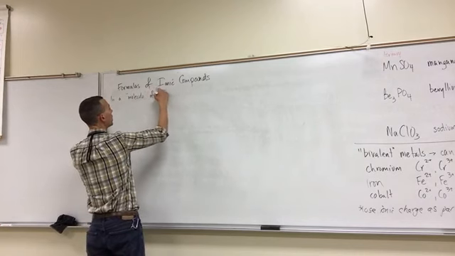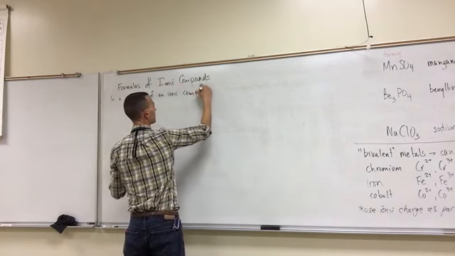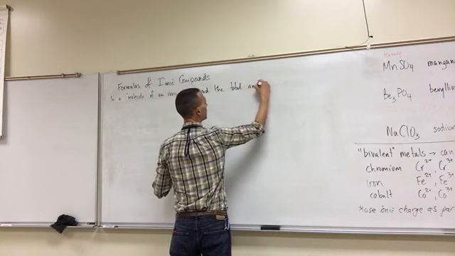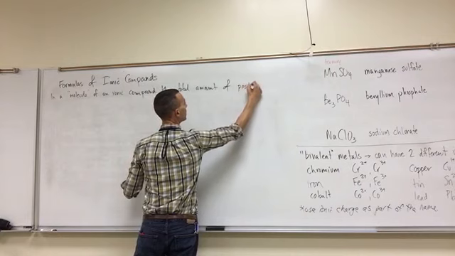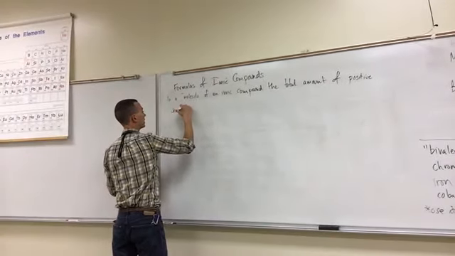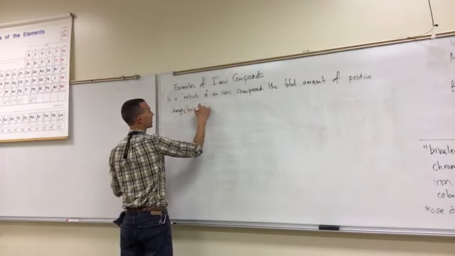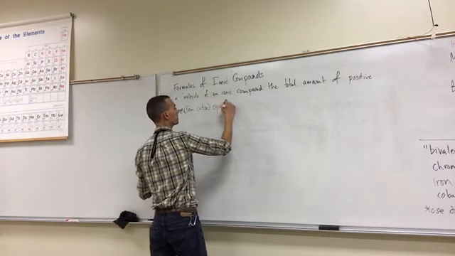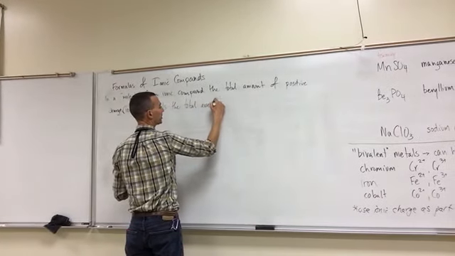So in a molecule of an ionic compound, the total amount of positive charge, where's that coming from? It's coming from the cation, equals the total amount of negative charge.